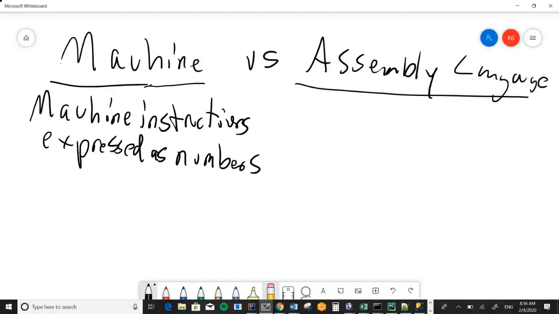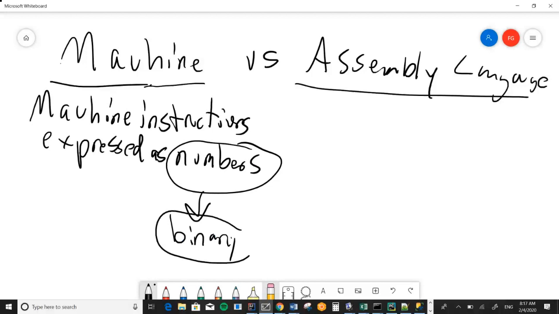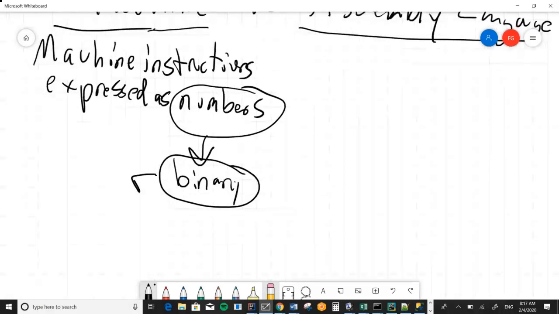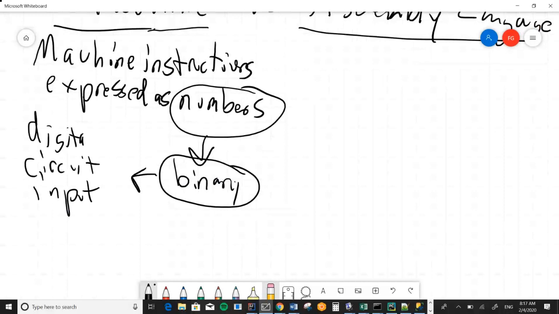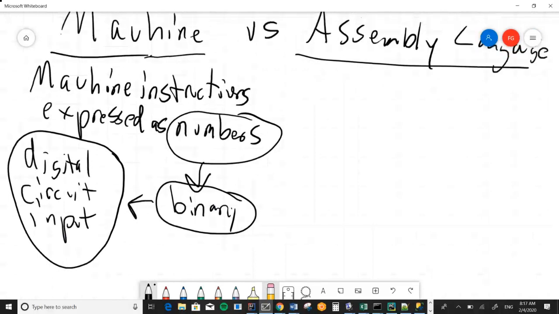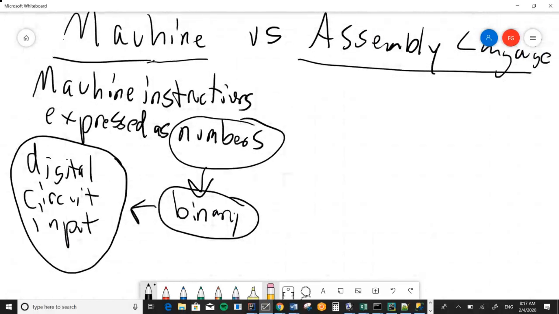If every machine instruction can ultimately be represented as a number, numbers in turn can ultimately be represented in binary. And once we've got binary, we have a circuit input, or more precisely, a digital circuit input. That's what we achieve by having this numerical representation, so that relationship back to the circuitry becomes clear.